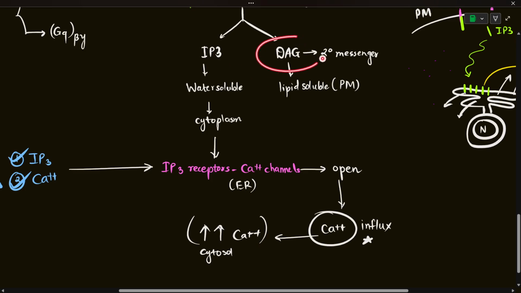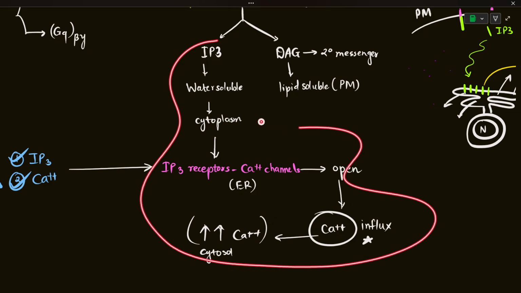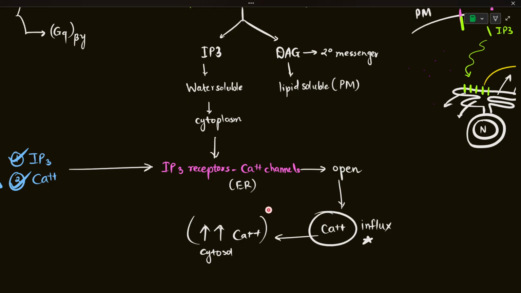Now let's come to the diacylglycerol part. Due to the signaling of IP3, the calcium ion increased, right? So this increased calcium ion level, the presence of DAG, as well as the presence of phosphatidylserine.